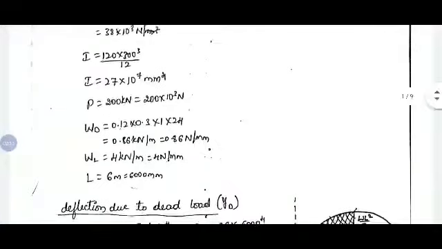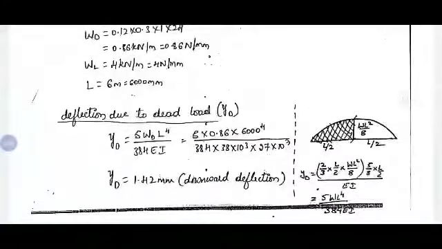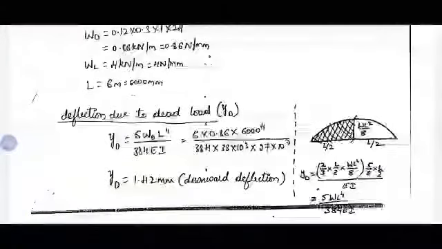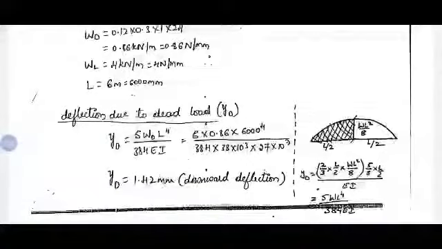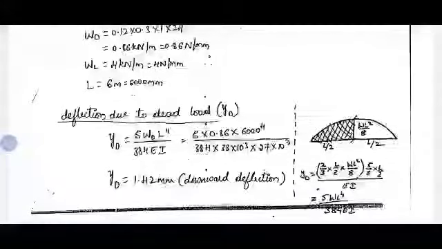Now, as we discussed earlier, the beam will undergo deflection with respect to 3 parameters: deflection due to dead load, deflection due to live load, and deflection due to pre-stressing force. First let us calculate deflection due to dead load and live load.